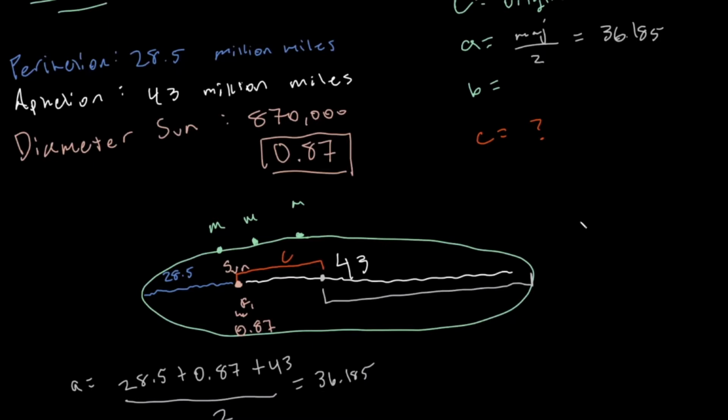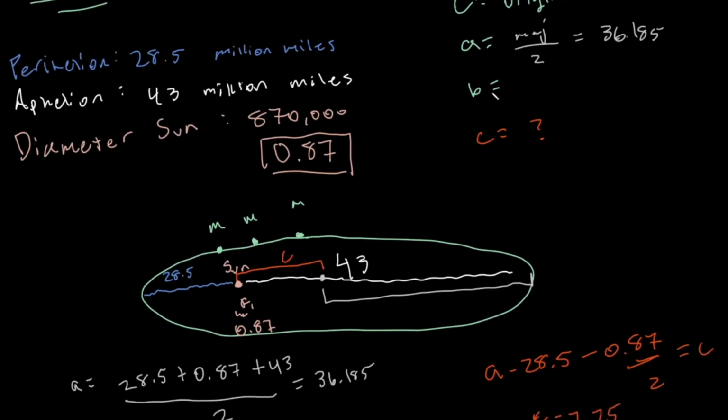It's kind of my fault for not clarifying. A is the entire length from the center to the end. If I take A and subtract 28.5 and subtract half of 0.87, I should get C. So A minus 28.5 minus 0.87 divided by 2 equals C. Using the A that we already found, 36.185, I get that C is 7.25.